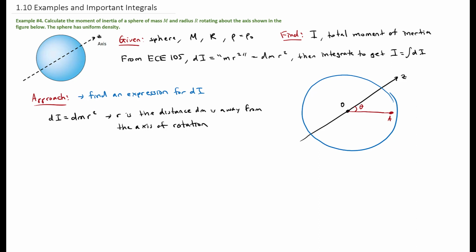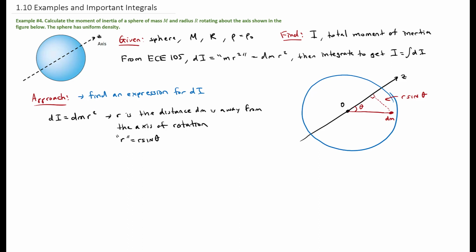This point A is going to have some sort of small differential mass element, dm, and that is going to be a distance away from the z-axis, and this distance is R sine theta. So it's important to realize what this r means, and that means r is equal to R sine theta in this case. So we have dI is equal to dm R sine theta squared.